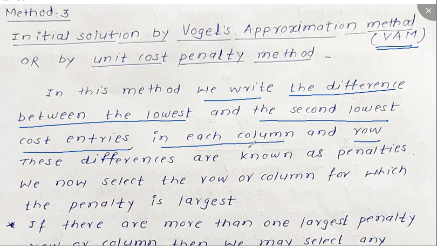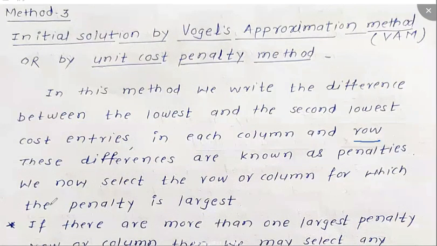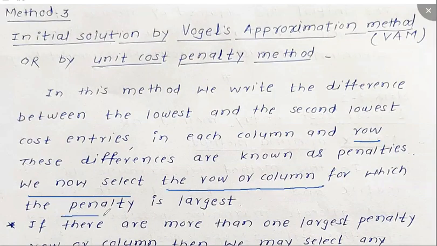These differences are called penalties. We now select the row or column for which the penalty is largest. So first penalties are calculated for each row and column, then we select the row or column for which the penalty is largest.